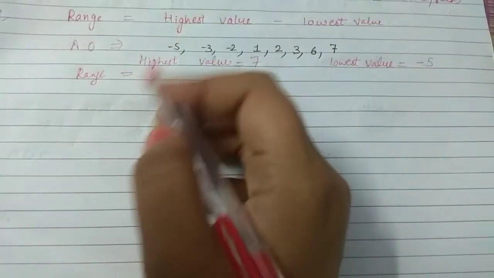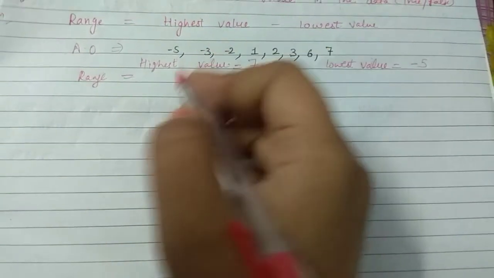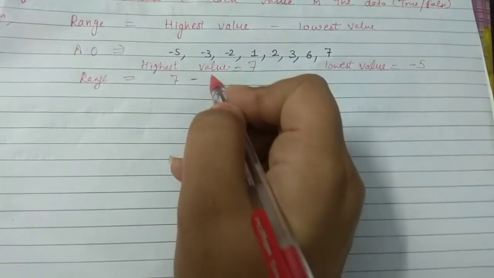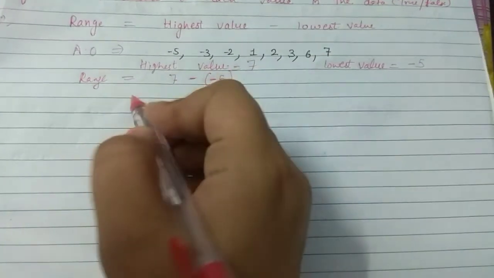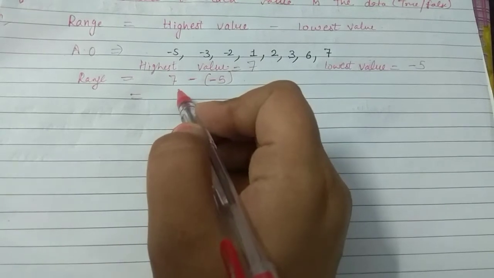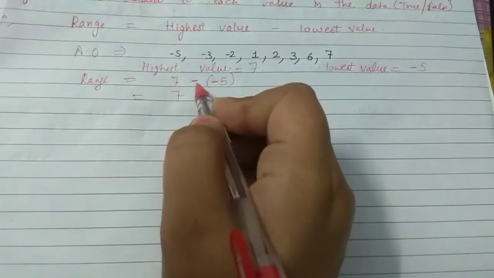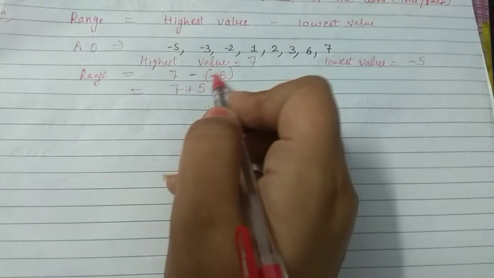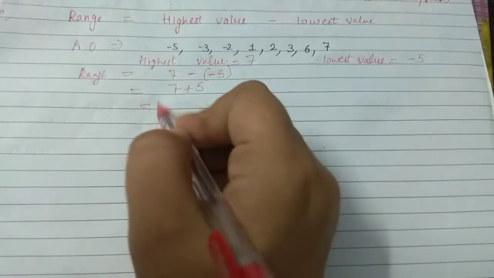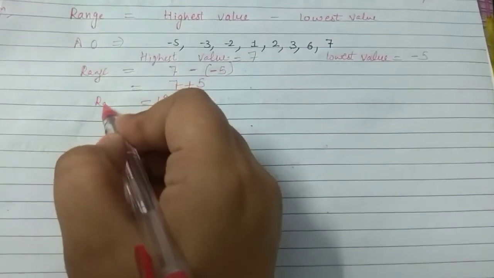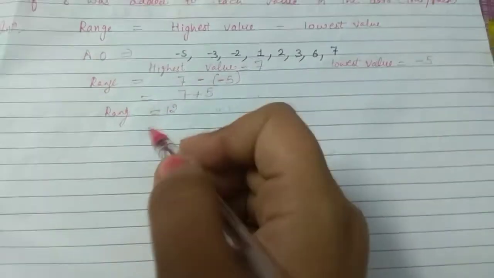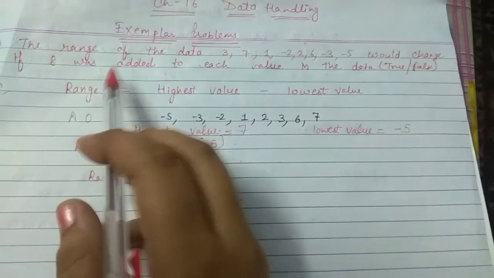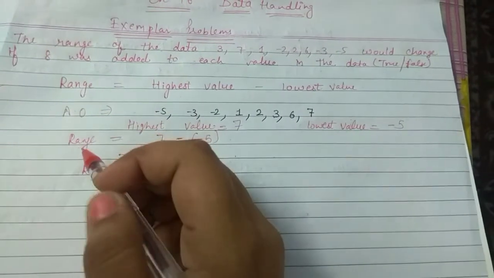So the range formula is highest value, that is 7, minus lowest value, that is minus 5 in brackets. As we learned about the integer method, the direct method, minus plus, according to that method we do minus plus. 7 plus 5 is 12. So range is 12. Okay, now what they say: would change if 8 was added to each value in data.